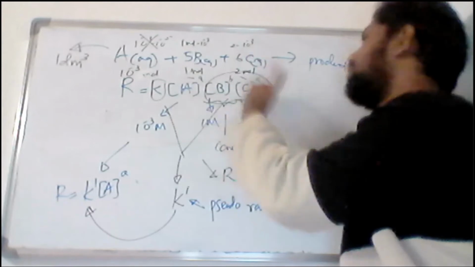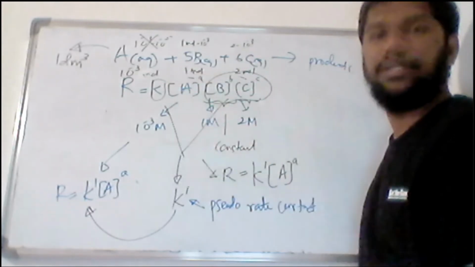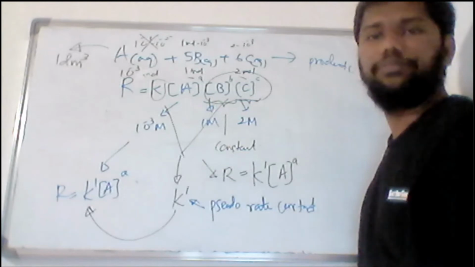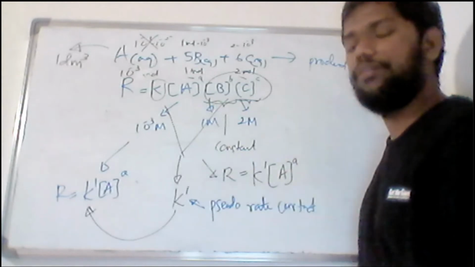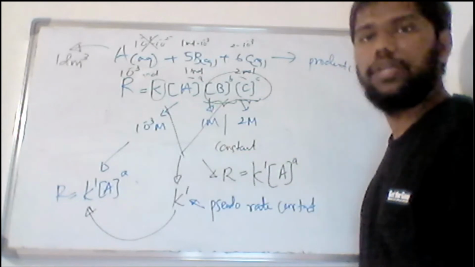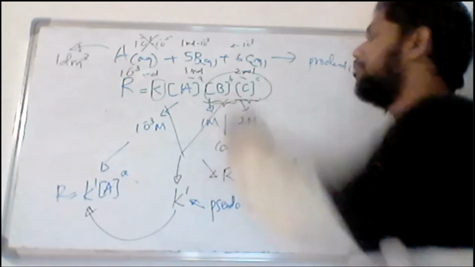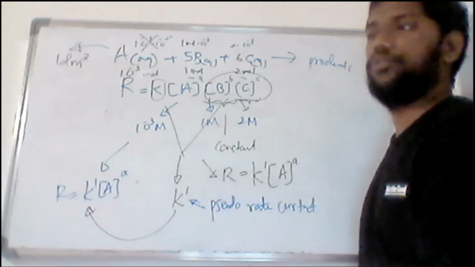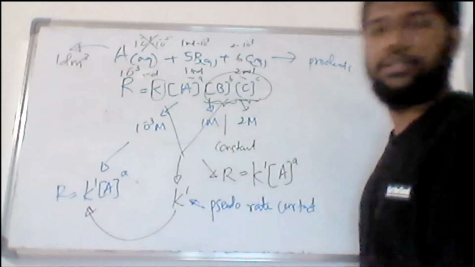So you can do this varying several times, 3 times in fact, and you can find a, b and c. Okay, so this is one of the methods that we use in university as a practical method to find the order. You can either keep the concentrations of B and C in excess, A and B in excess, or A and C in excess to find a, b and c. That is a normal method.